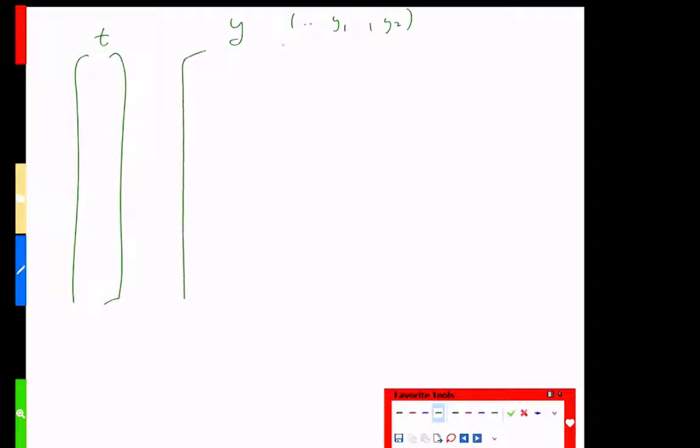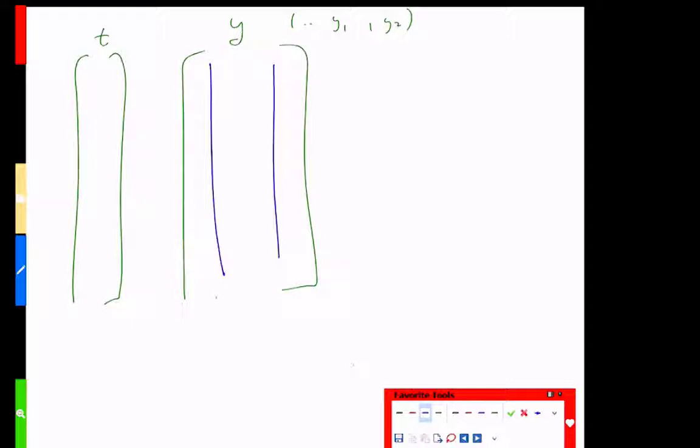So T is going to be a vector. Y, which has two things in it, y1 and y2 in principle, is going to be a matching vector with two columns. This is going to be your y1, which is your theta values, and this is going to be your y2, which are your theta prime values.